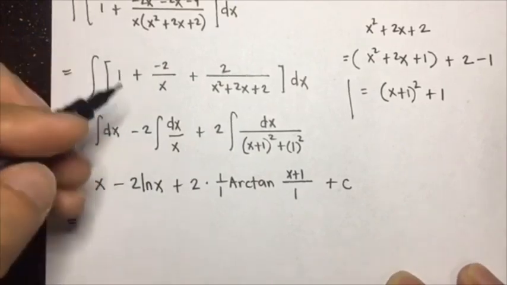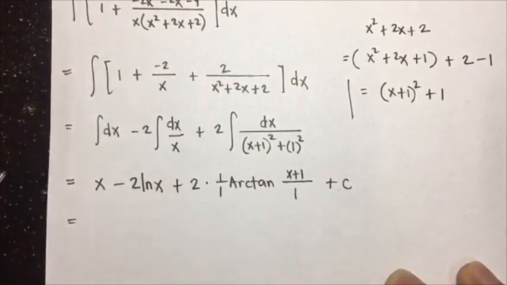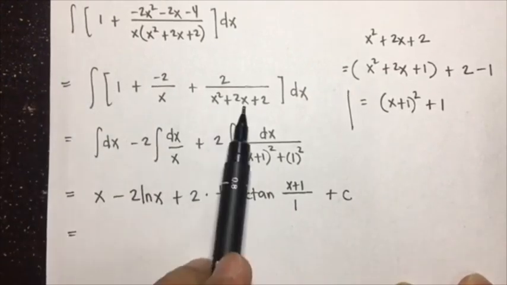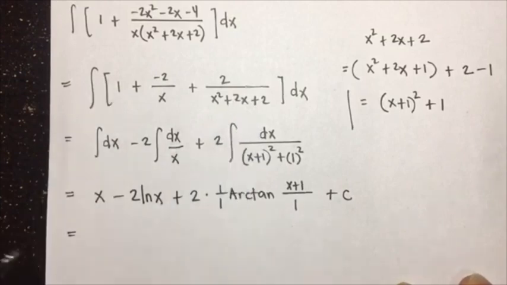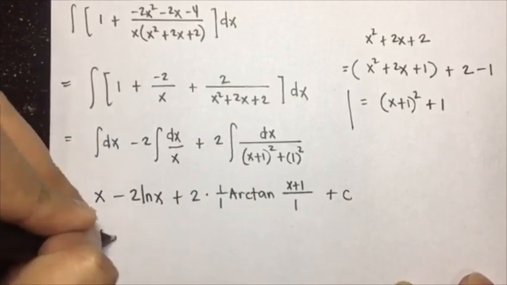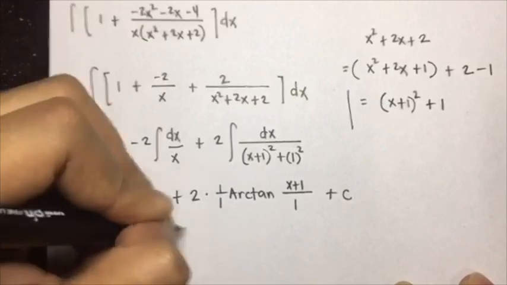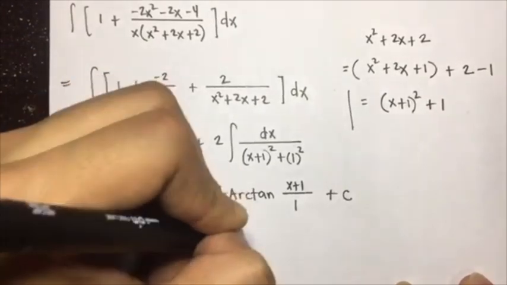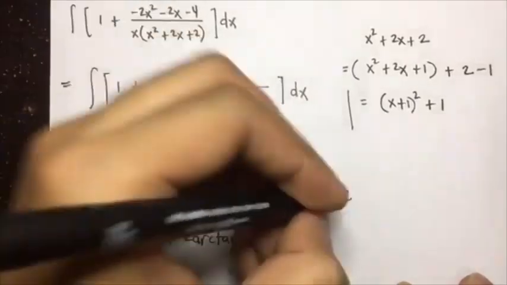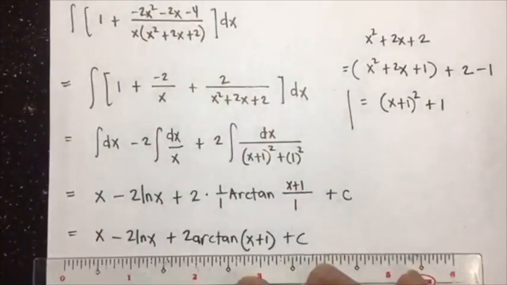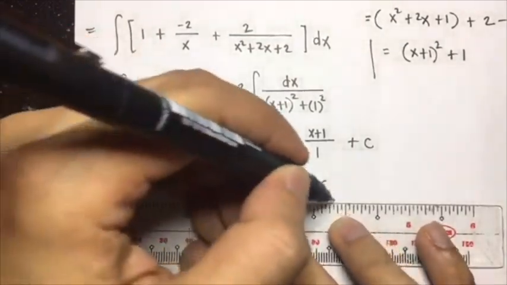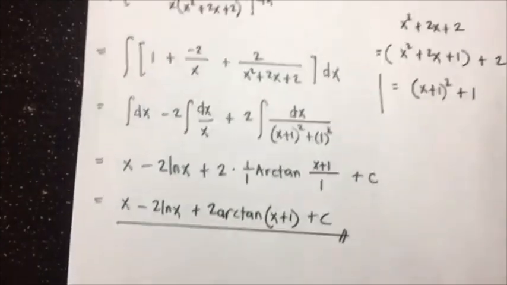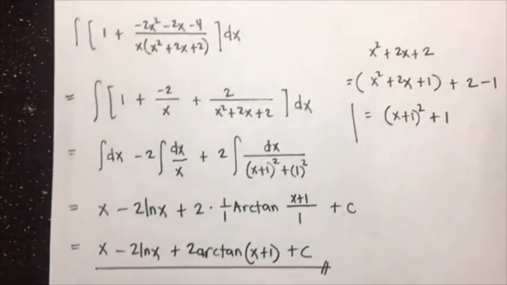But those two are most of the time the integrals of fractions with a quadratic denominator. So we will have x minus 2 ln of x plus 2 plus arctan of x plus 1 plus c. Okay, so that's it.